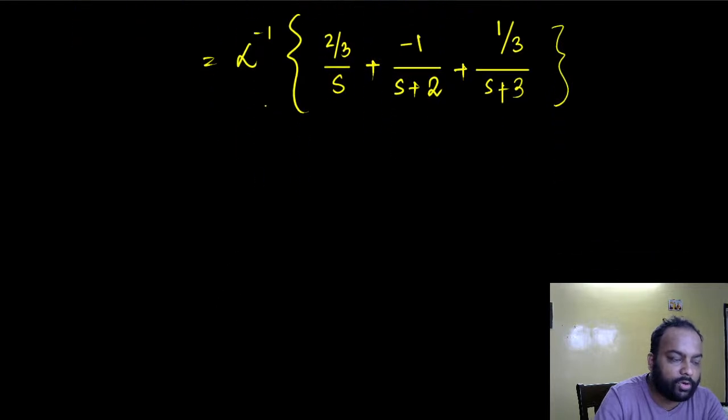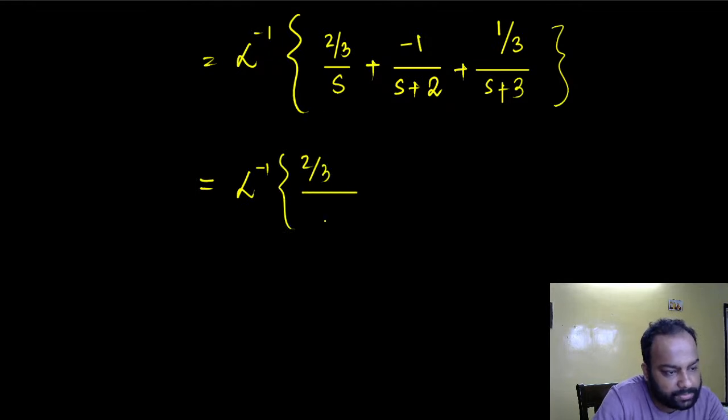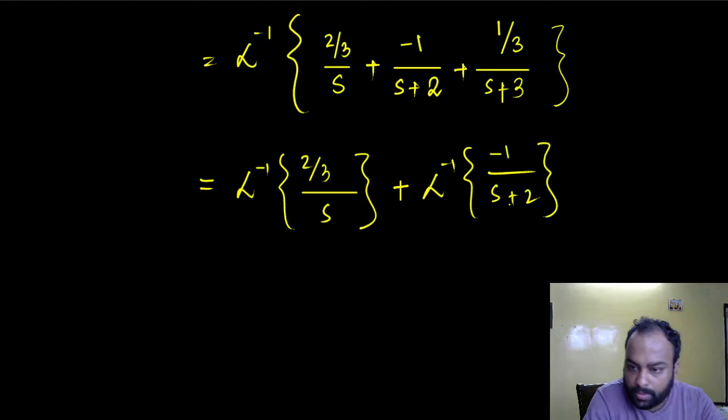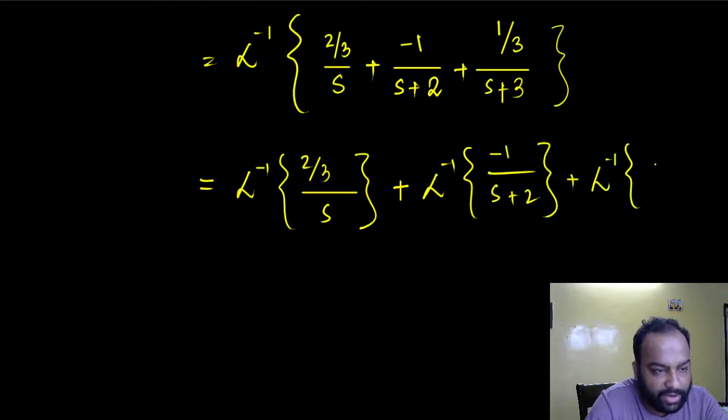Now, of course, since Laplace transform is a linear operation, we can simply take the inverse Laplace transform of these individual terms. Some of you have already done this, right? This is not a difficult problem, as I said in the beginning.